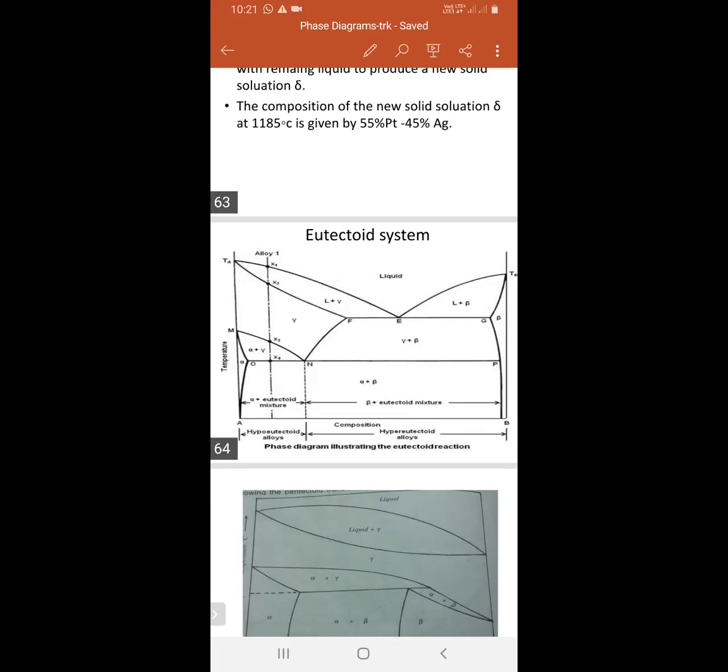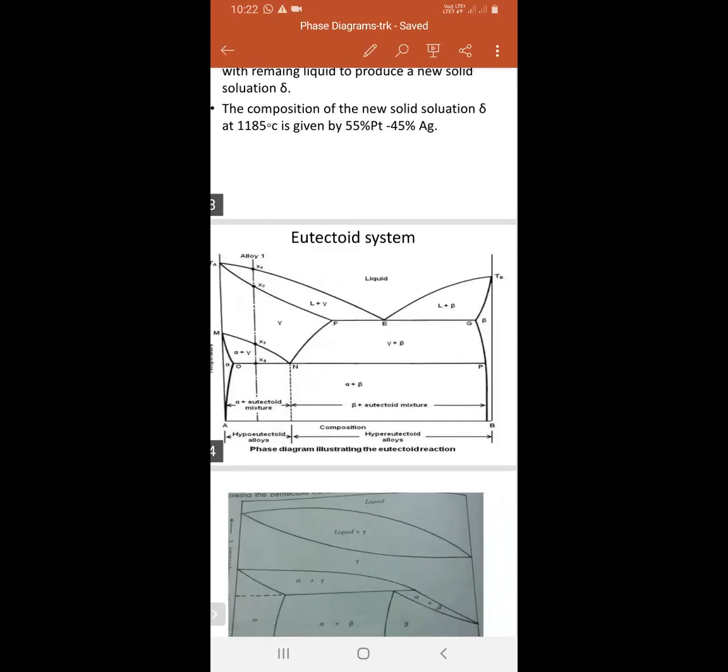As you have seen previously, in this one, two pure metals are taken and heated above their melting point temperatures, TA and TB. Above that, the whole will be in liquid state.